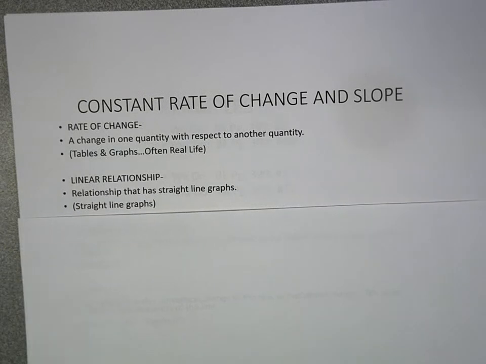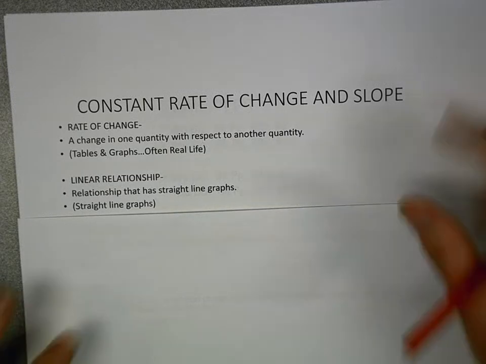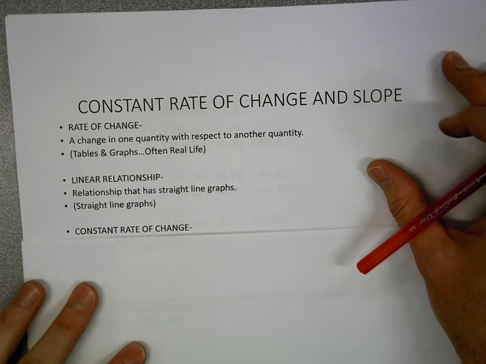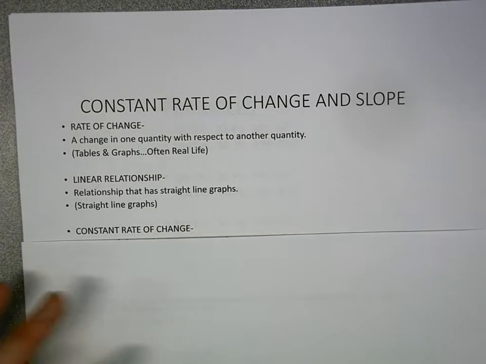What that means is that you're going to see some information in a table or even a graph, and you'll be able to look at either one. That's kind of what we're doing today: we're going to describe whether or not it has a linear relationship, meaning it creates a graph that is a straight line, which we've been talking about a lot lately.